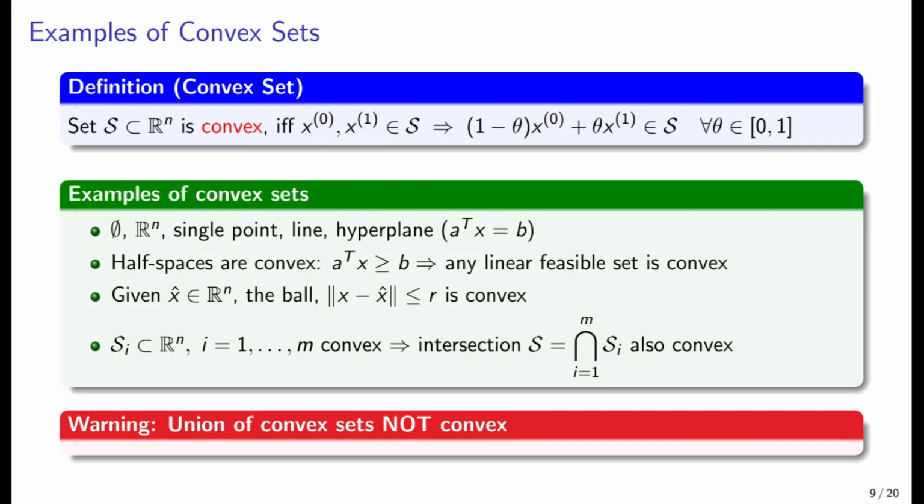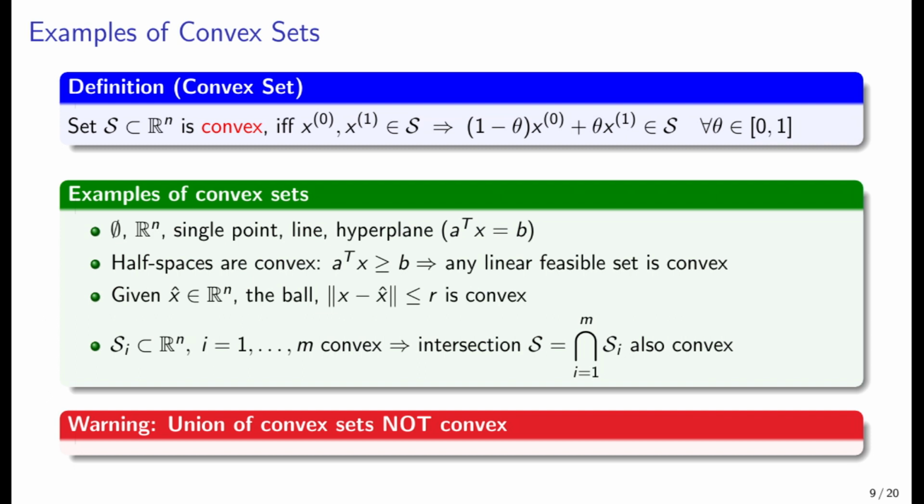Okay, and then, so there's the definition of a convex set there again. So a convex set is a set such that if you pick any 2 points, the line between these 2 points lies in the convex set. And examples include the empty set. The empty set is convex because there's no point in it. Any convex combination of no points is no point.